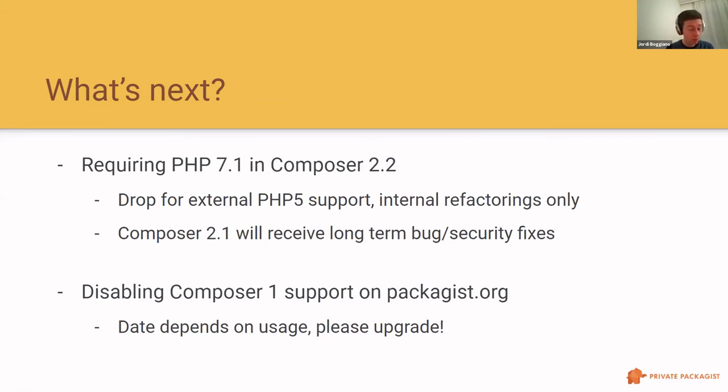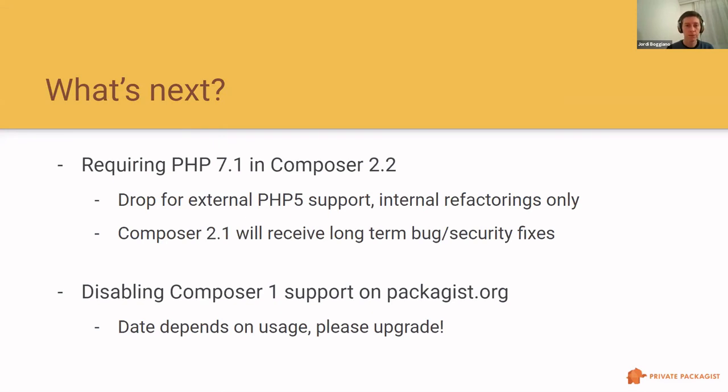PHP 5.3 is really old at this point, and it's quite a pain to maintain this. But we did want everyone to be able to upgrade, so we went the extra mile there in terms of compatibility, just to make sure that we didn't leave anyone stuck on Composer 1 just because of the PHP version.